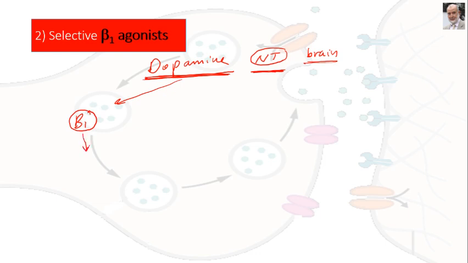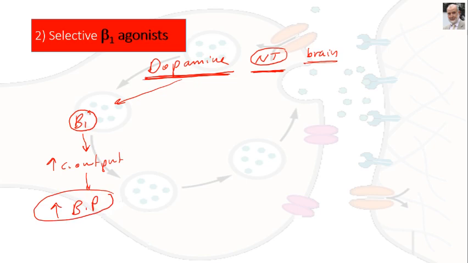By acting on beta-1 receptors, it will increase the cardiac output, and by increasing the cardiac output, it will increase blood pressure. So this is a beneficial effect of dopamine. It can increase blood pressure in case of low cardiac output.